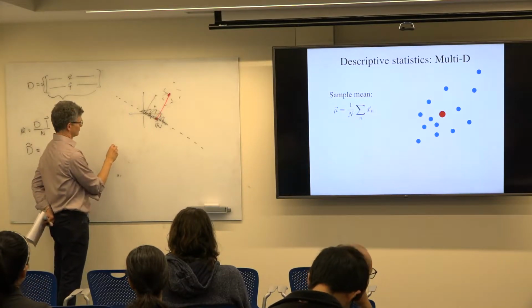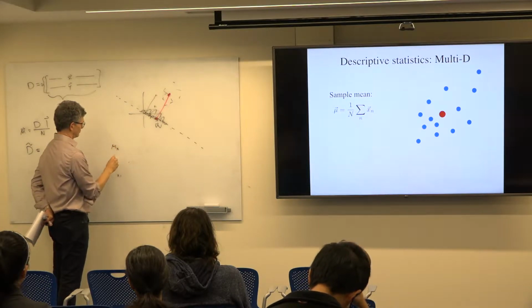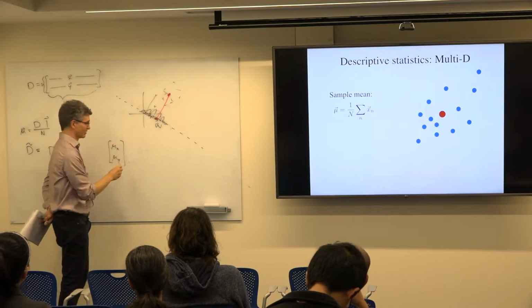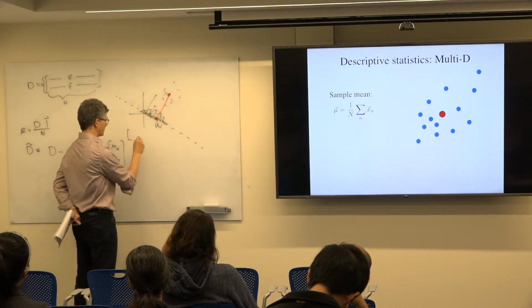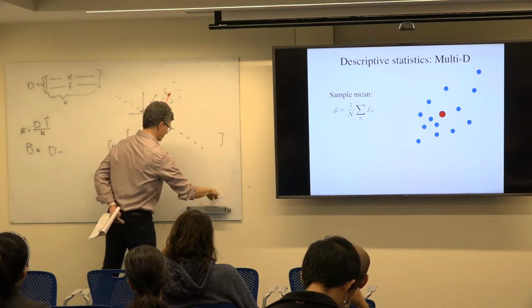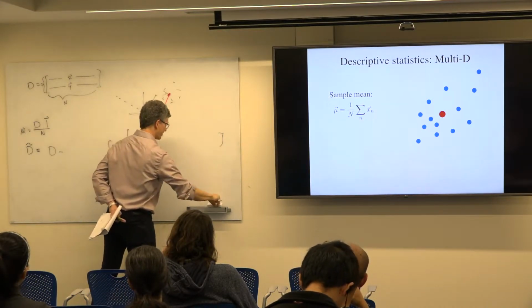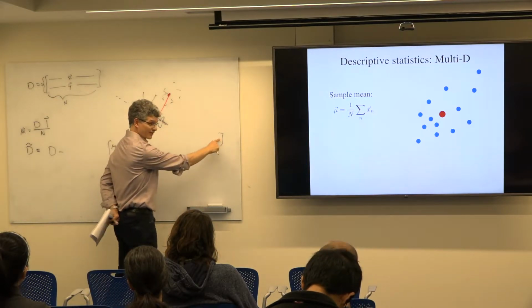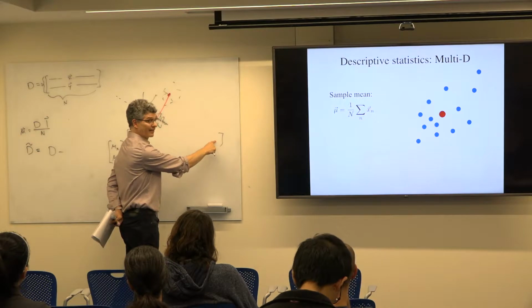So therefore you have to multiply by a 1 by n. If I had mu x and mu y, that's what I want the columns to look like. The way you think of an outer product is you just fill in the table, which is the matrix, by taking products of all elements of this vector with all elements of this vector. I want this vector to be of length n.